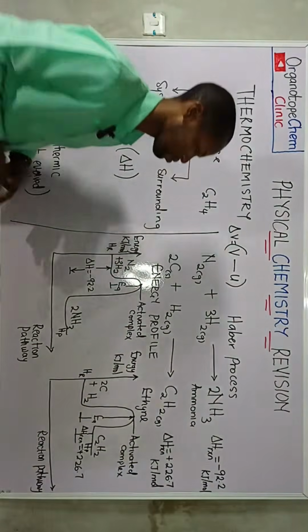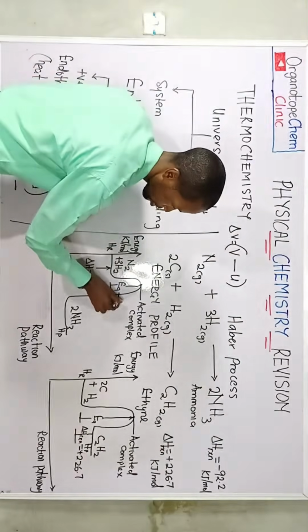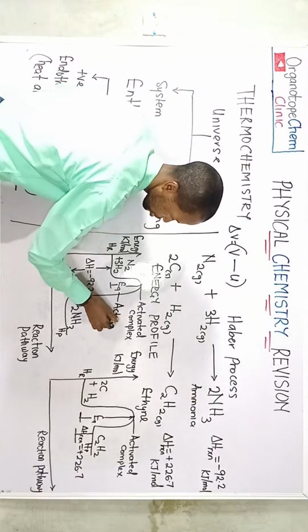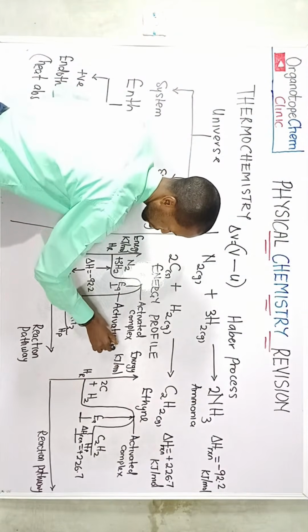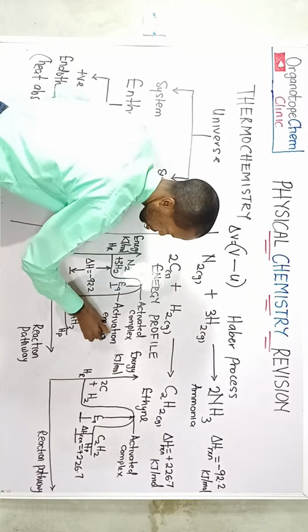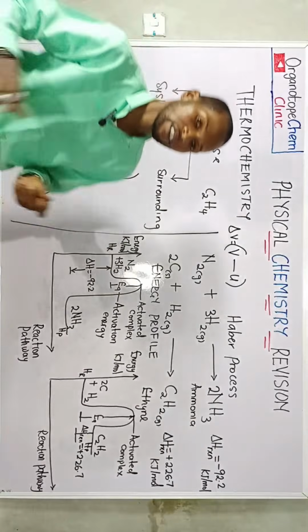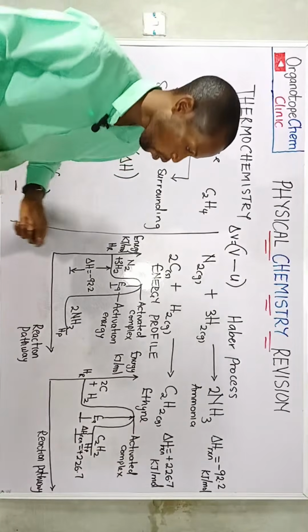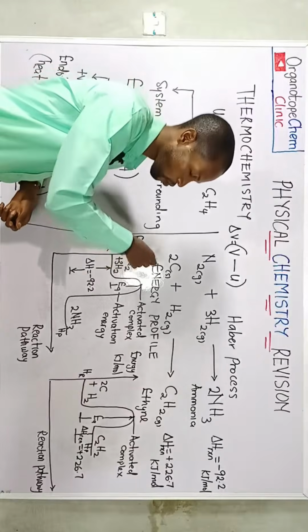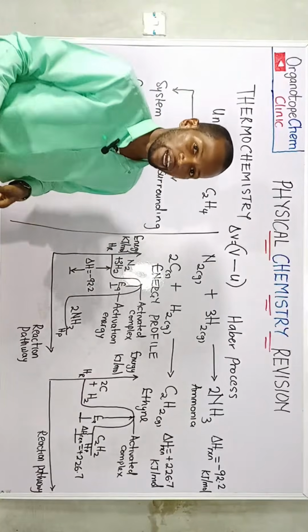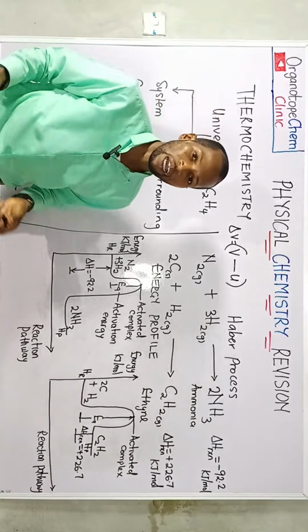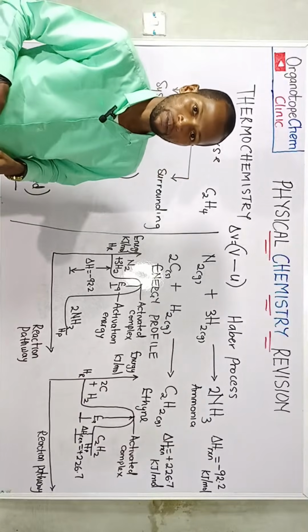Now, what is activation energy, EA? The activation energy, EA, is the minimum amount of energy required to overcome the energy barrier during a chemical reaction for product to be formed.